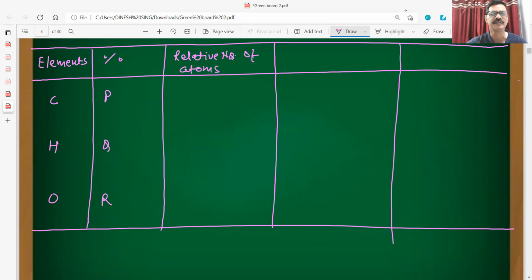So this will be equal to what? Percentage divided by its atomic number. If this value comes as X, this comes as Y, this comes as Z.